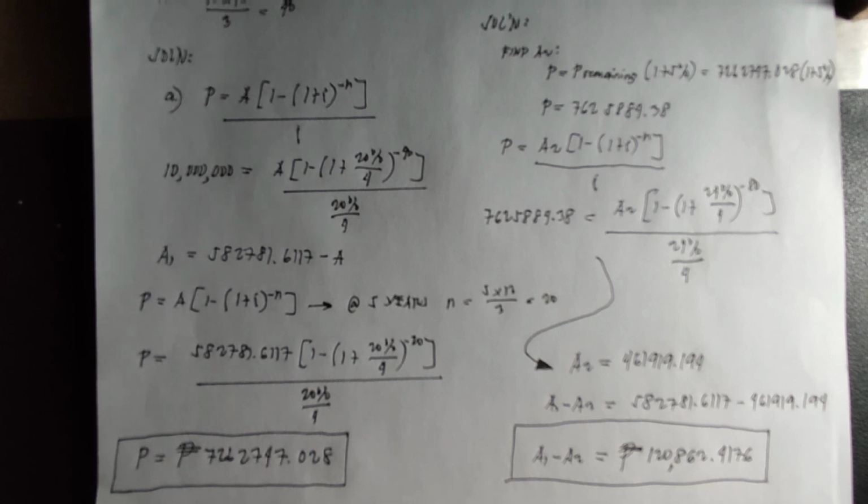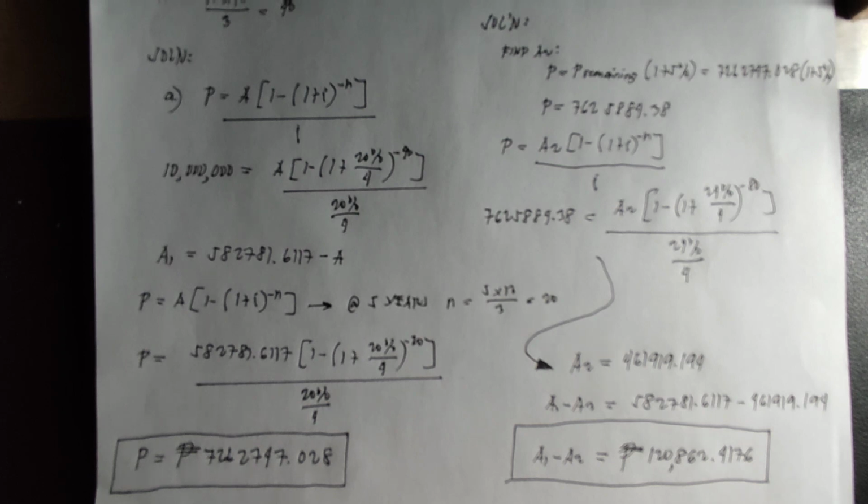Then P is equal to A multiplied by the quantity of 1 minus (1 plus i) raised to negative N at 5 years. Since at 5 years, we will use N equal to 5 times 12 over 3, which is 20. Then we substitute the values. P is equal to 582,781.6117 multiplied by the quantity of 1 minus (1 plus 20% over 4) raised to negative 20, all over 20% over 4.